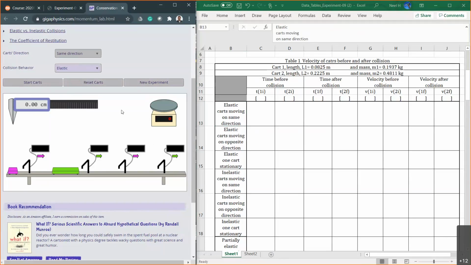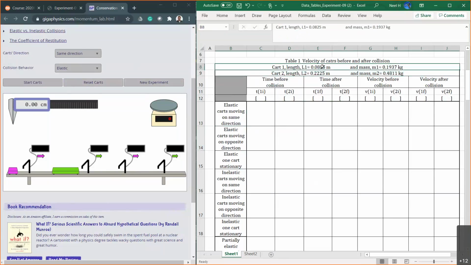Don't click new experiment for any reason during the experiment. Even after I finish the first one, if I want to go into the second one, I should click only reset cars. If you click new experiment, it completely resets this whole page. As a result, mass and length will change.